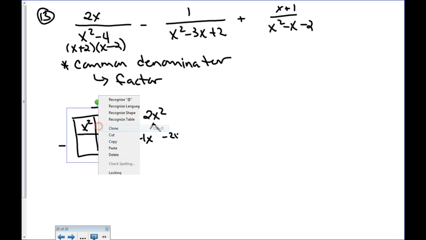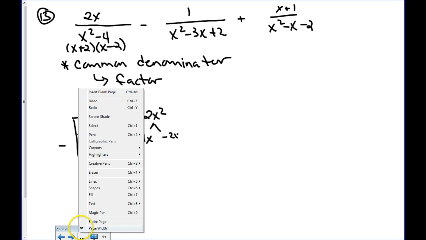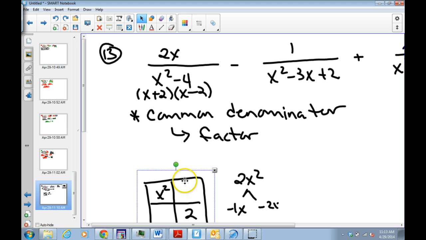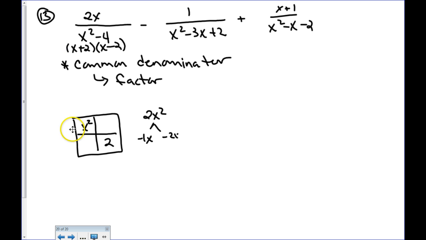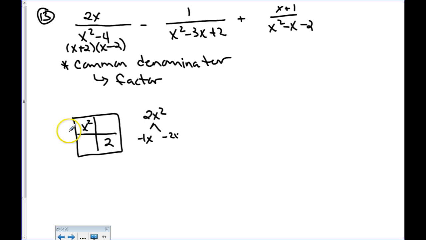Okay, so I'm going to have a negative 1x here and negative 2x.